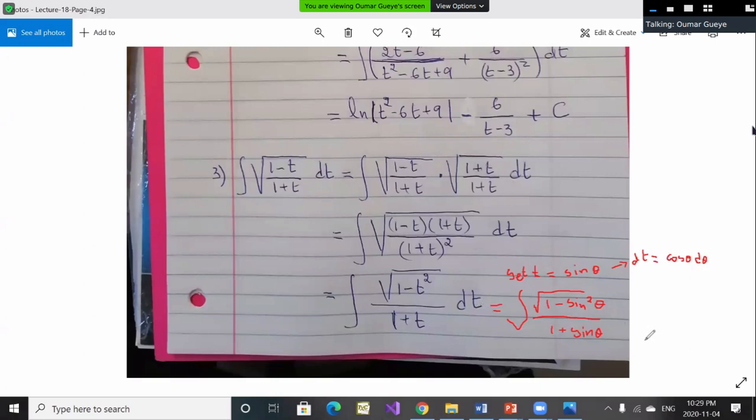And the dt is going to be cosine theta d theta. Is it okay? Any question? All good?